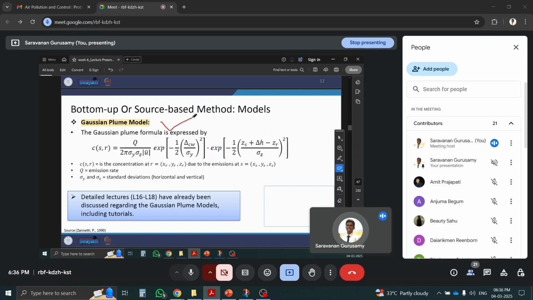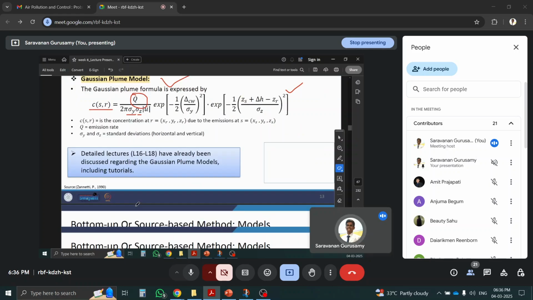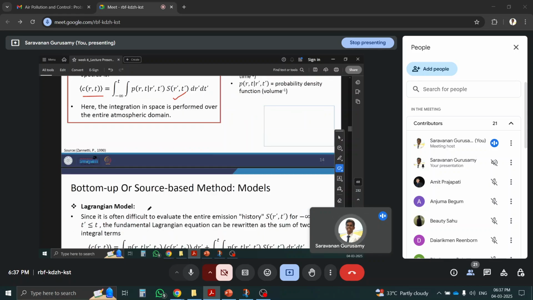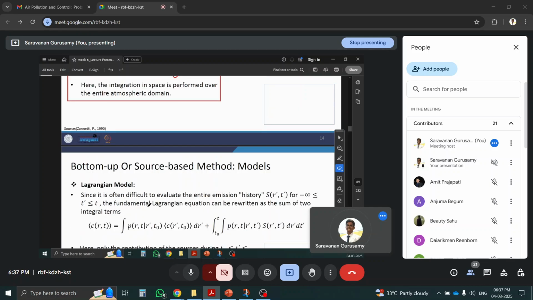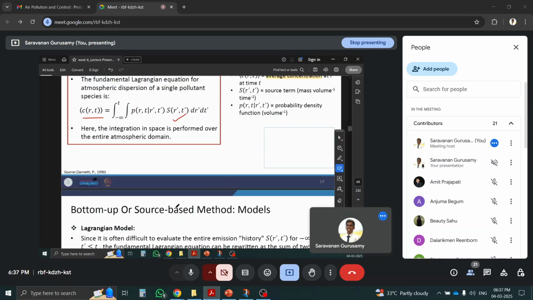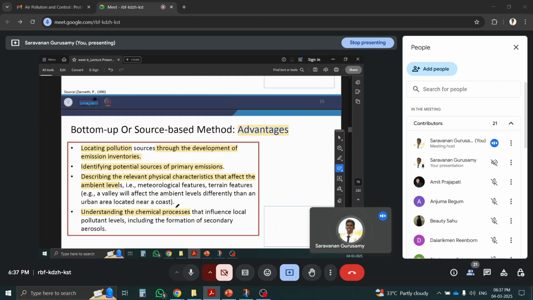We know the Gaussian plume model equation, so based on sigma y and sigma z and the emission values, you can calculate the concentration at any particular location. The Lagrangian model uses this equation to find the average concentration C(r,t) at any time, based on the principle of a moving frame of reference. So this is the equation for the Lagrangian model.